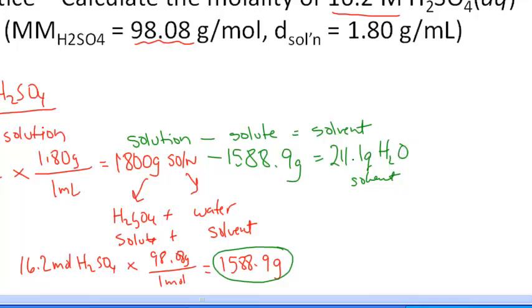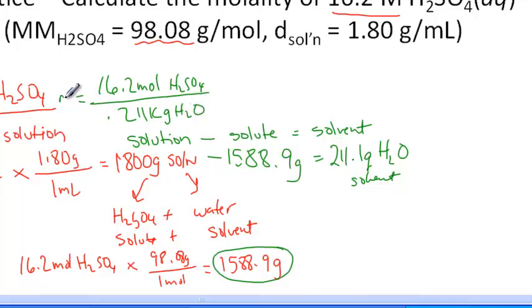When I made my solution, 16.2 moles of acid per liter of solution, that was the same as saying I took 16.2 moles of the aqueous acid and I put that into this mass, in kilograms, 0.211 kilograms of water.